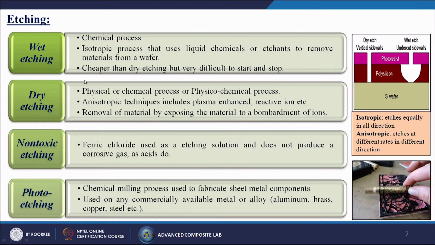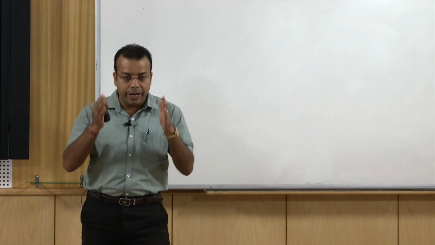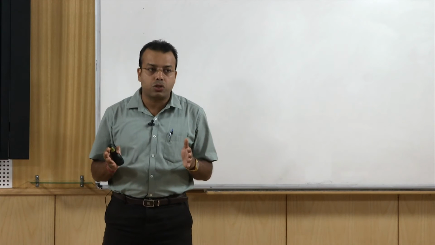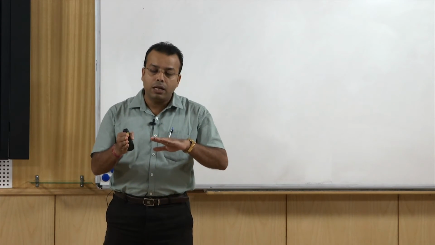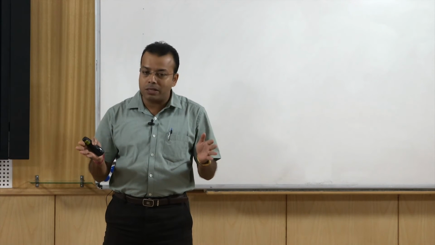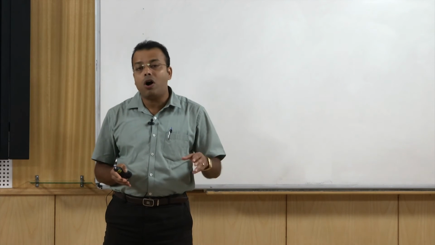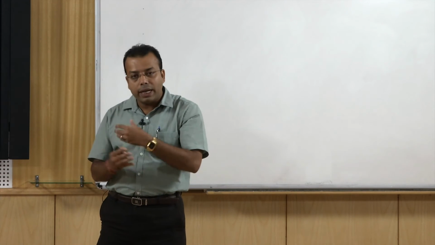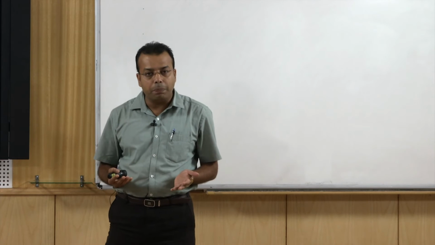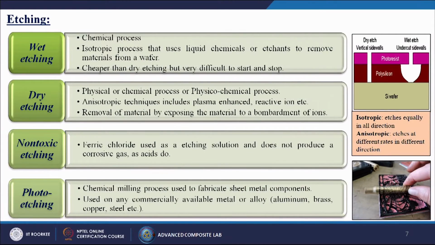It is cheaper than dry etching, but very difficult to start and stop, because unless and until the reaction is finished you can't stop it. You have to put the etchant onto your surface with a brush or some other means, or you can dip your materials into some etchant, so that the chemical reactions take place.